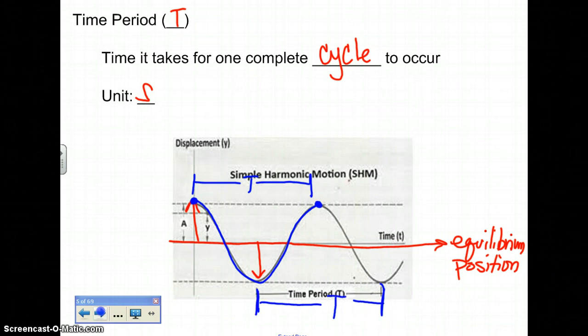Take a second and assess that, guys. Let me do that one in green, just so we have a different color to relay this. So now instead of pulling it to the right and letting go, I'm going to start pulling it from the left side, negative, and letting it go. So it went from the left past equilibrium to the right, back past equilibrium to the left again.